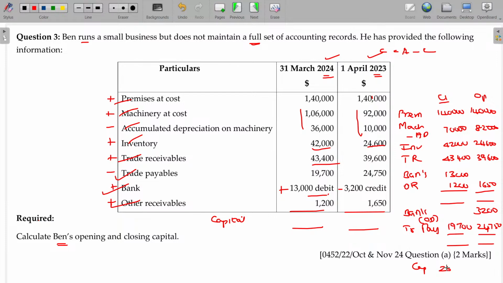I will get 2,59,900 at year beginning, and 2,89,900 at year end.